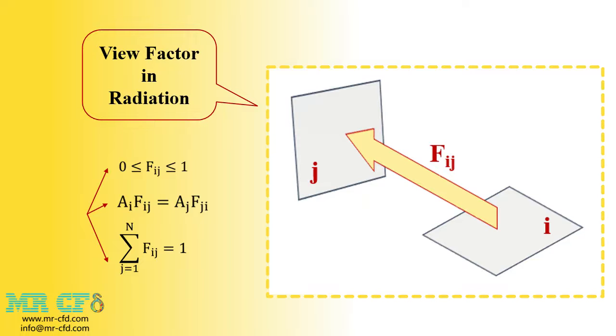First, there is the reciprocity law, which states that AiFij is equal to AjFji, and second, there is the summation law, which states that the sum of view factors in a closed space is equal to 1. In other words, if we have a completely closed surface, all the energy produced by the surfaces collides with each other.